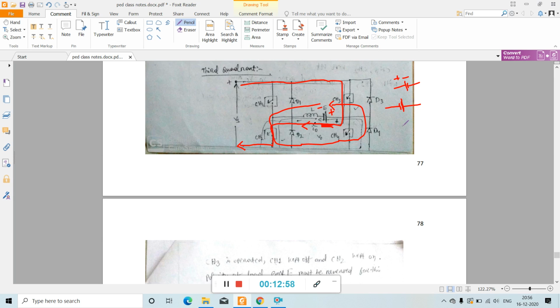So negative current freewheels through chopper 2 and D4. See, the current direction is reversed, negative, as compared to the assumed positive direction of current.